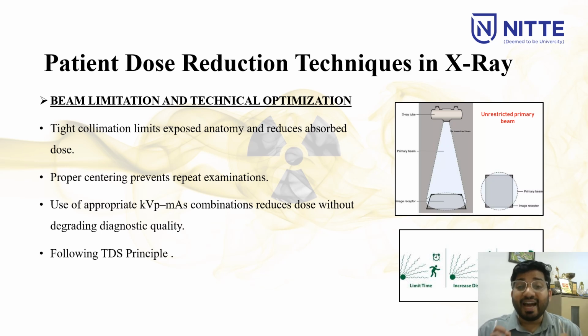Also avoid unnecessary use of the grid, specifically for pediatric patients and lean, very thin patients. You can avoid using the grids, because we know that the grid is not reducing the exposure.